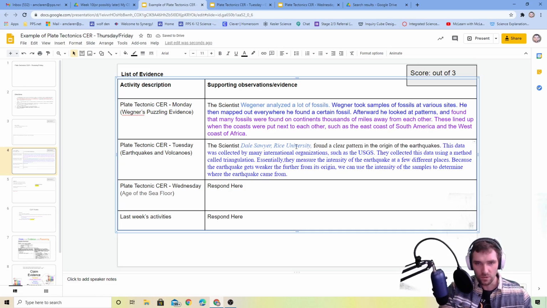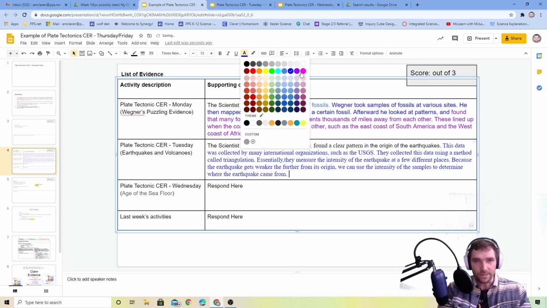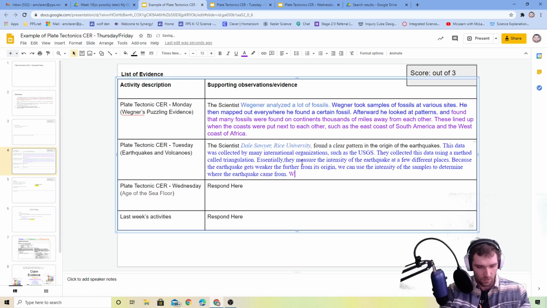So that was who collected the data, that was how they collected it, and then what did they see? So this would be our purple, this is our actual observation. When we look at the data, the earthquakes are not randomly happening.